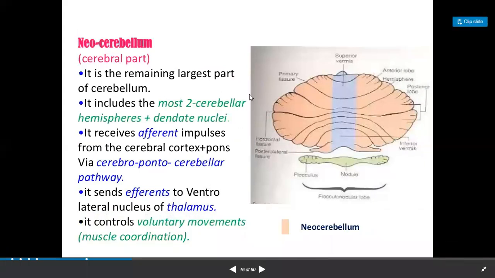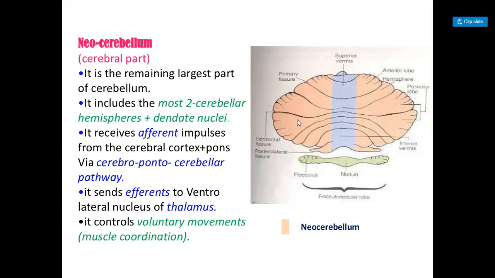Now, the last part we have is the neocerebellum, which is very well developed in human beings. It is the remaining largest part of the cerebellum, which includes the two cerebellar hemispheres and the dentate nucleus. It receives afferent impulses from the cerebral cortex and pons via the cerebropontocerebellar pathway. Then it sends efferents to the ventrolateral nucleus of the thalamus.